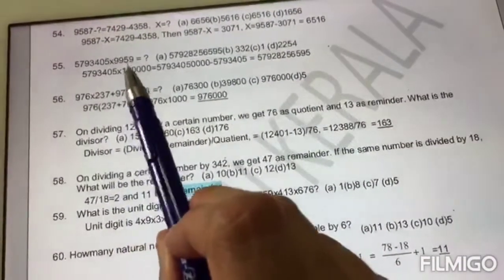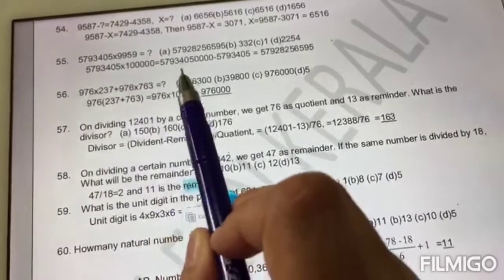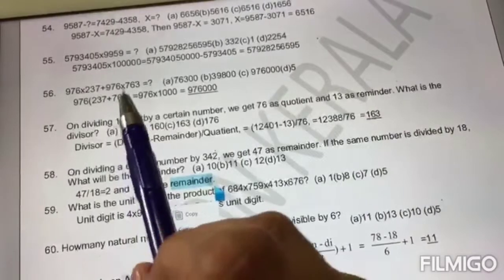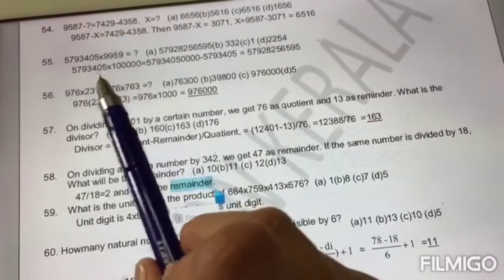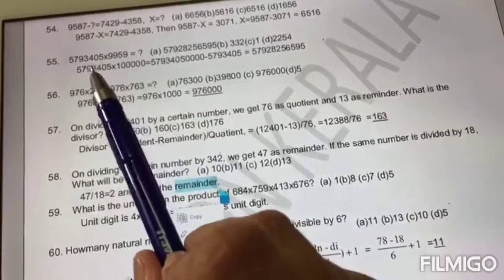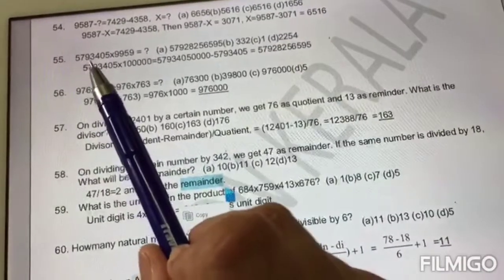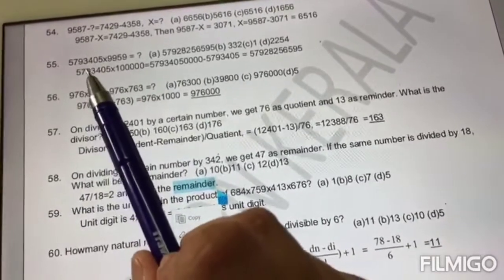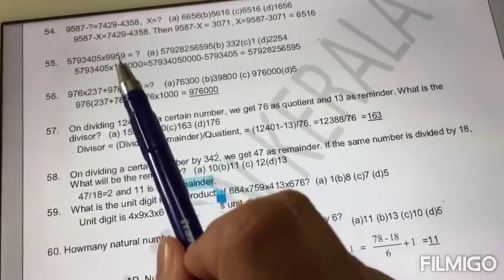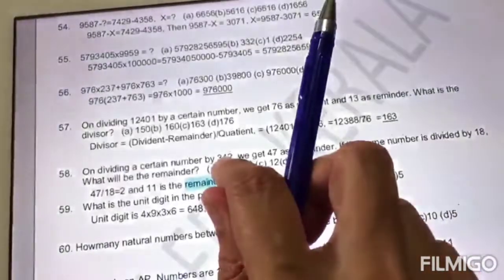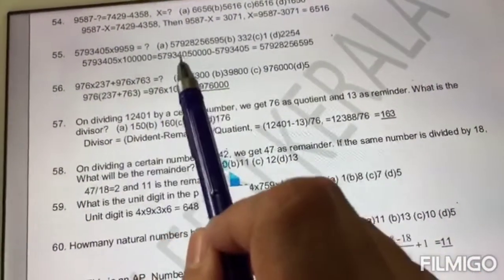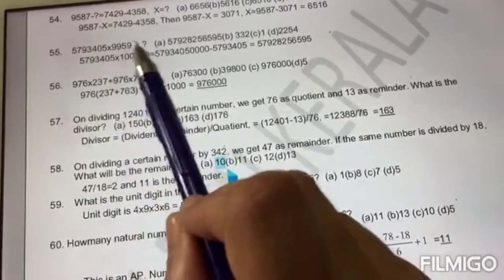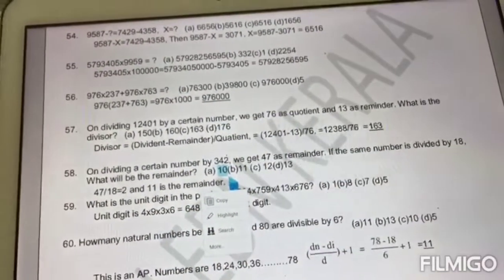Multiply this by 10,000 minus this by 41. Then it will be easier to solve this question. Did you understand what I'm saying? 5793405 into 9959 can be written as 5793405 into 10,000 minus 41, because 9959 is equal to 10,000 minus 41. Expand it, it will be this into 10,000 minus this into 41, which should give you the same answer.